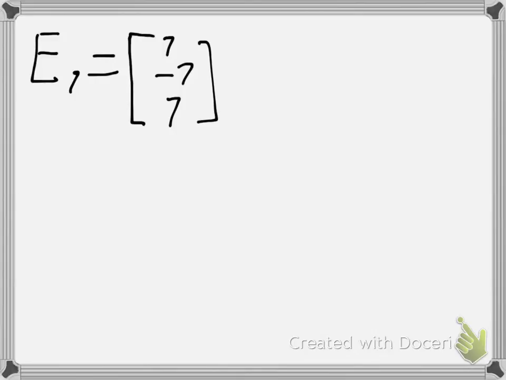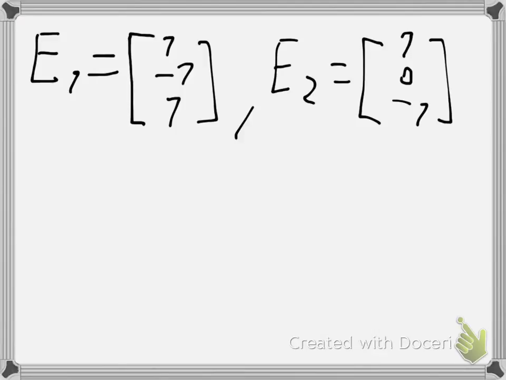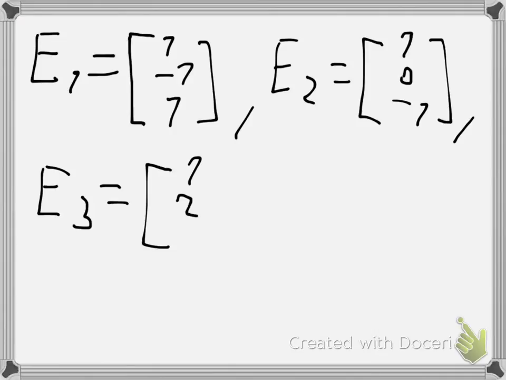It's basically the span of the vector, but we can take whatever vector we want. Our second eigenvector for lambda equals 0 will be given by 1, 0, negative 1. And the third eigenvector for lambda equals 2 will be given by 1, 2, 1.